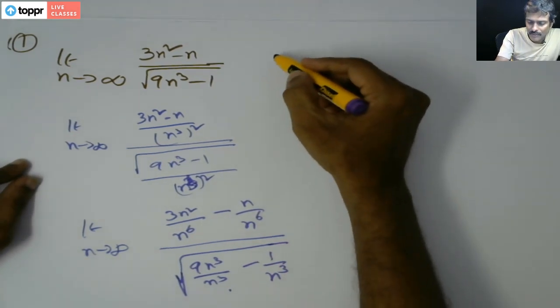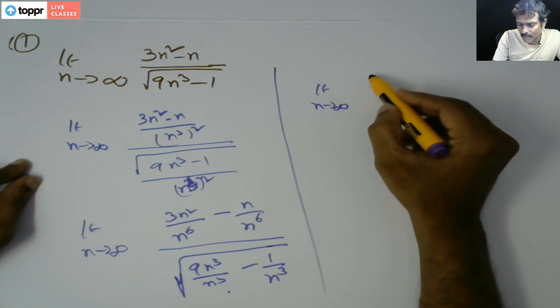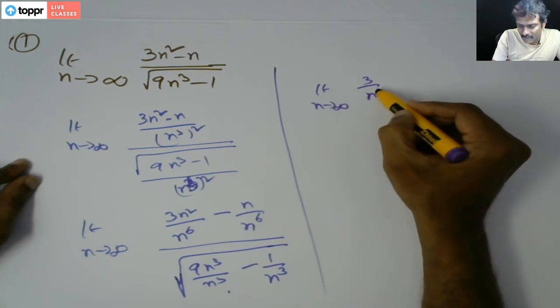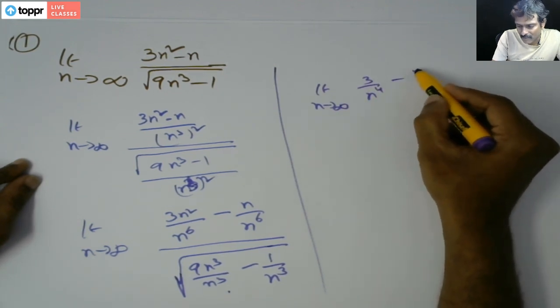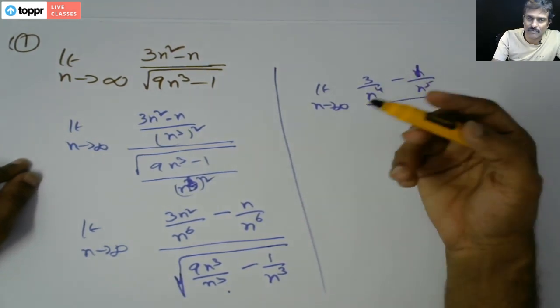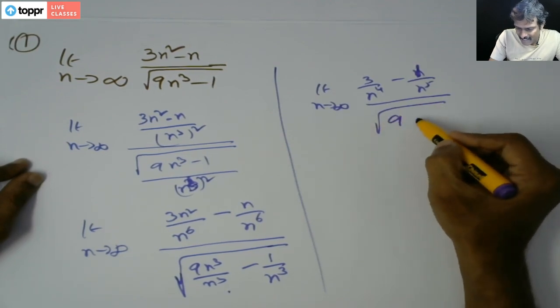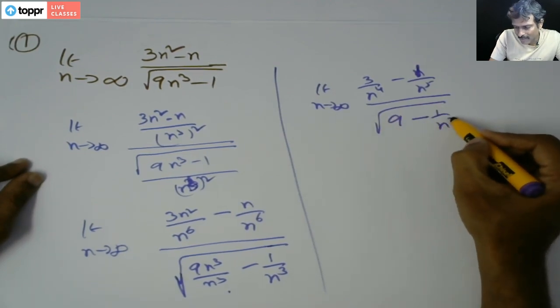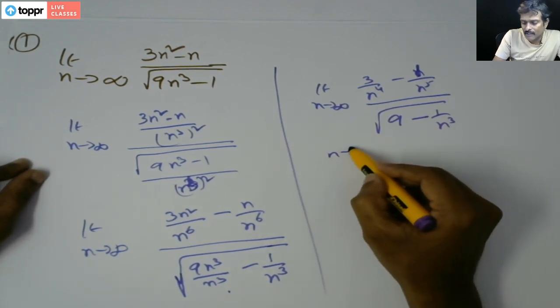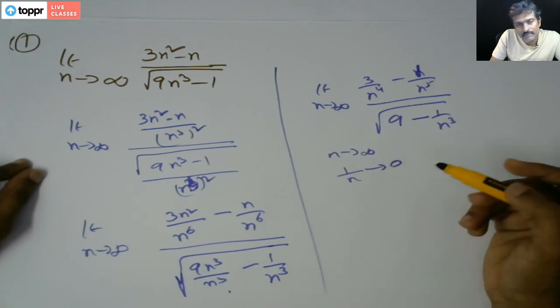So now this will be nothing but limit n tends to infinity. This is 3 by n power 4 minus 1 by n power 5. This doesn't matter now for us because this is going to be 0 anyways. Now this will be square root of 9 minus 1 by n cube. Now n tends to infinity, we already know that 1 by n then goes to 0.